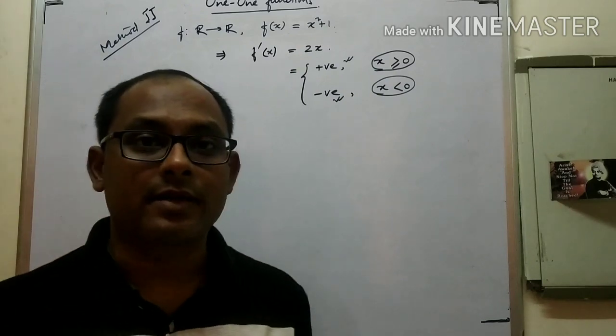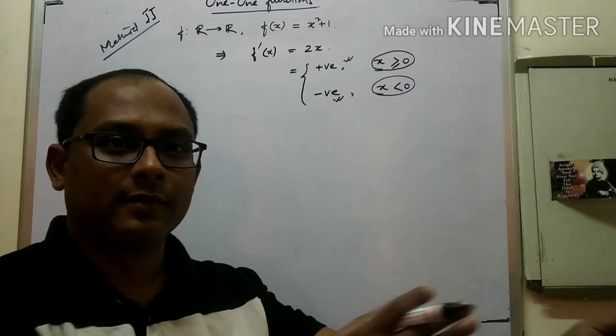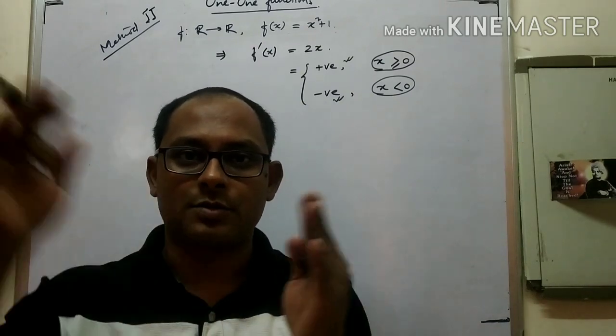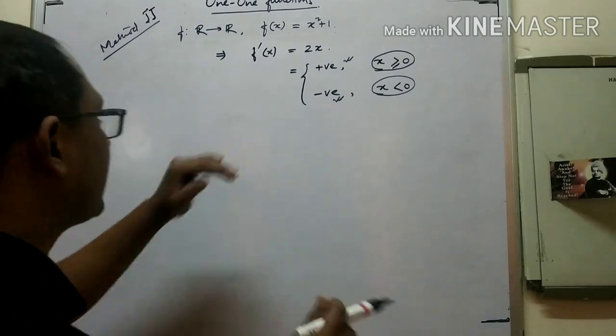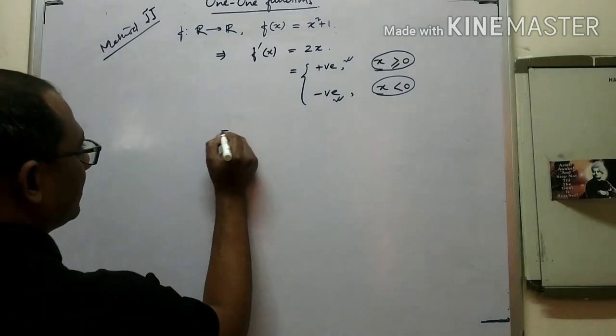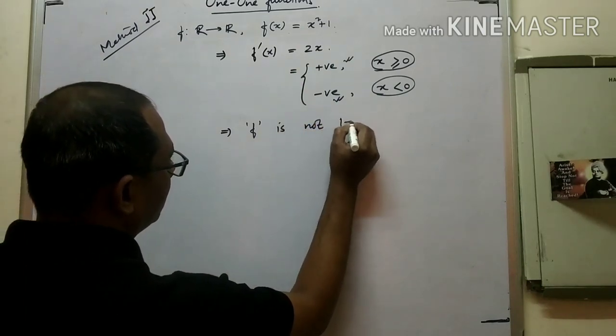So I cannot decide whether f dash x is entirely positive or entirely negative. In some portion of its domain it is positive, in some portion it is negative. So in this case we'll conclude that the function is not 1, 1. F is not 1, 1.